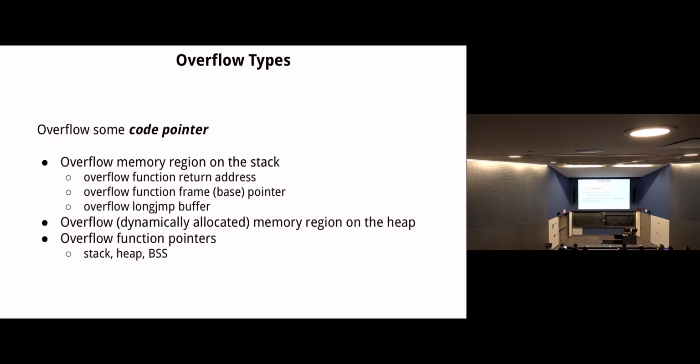Also, in the homework in Crack Me 5, you are actually handling a code pointer on the stack. That's a local variable, it's a code pointer. Let me show you the source code of that.